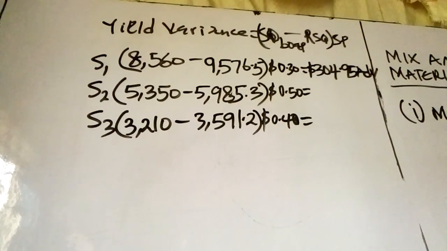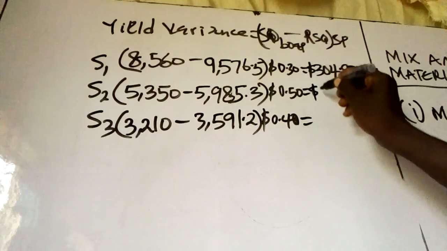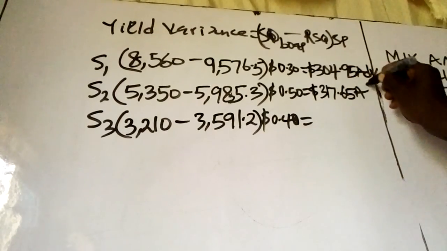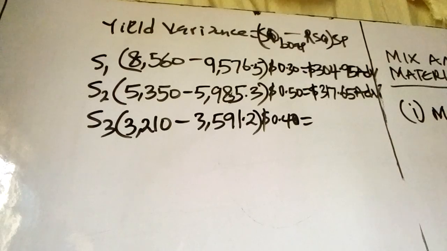Then for S2, 5,350 minus 5,985.3, then multiply by 0.5. Then we got 317.65 adverse. For S3, 3,210 minus 3,591.2 multiplied by 0.40.